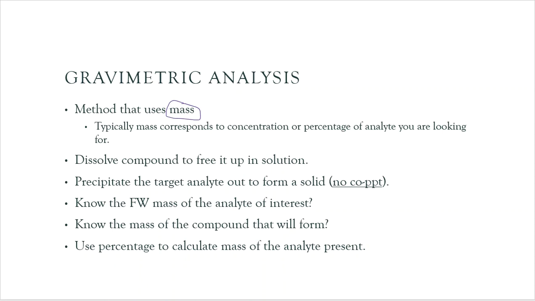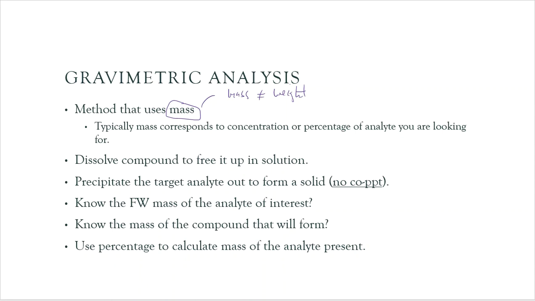Alright, so we've already talked about this, and I also just want to tie a little plug in here that mass is not the same thing as weight. I just want to reconfirm this notion that mass and weight are different, but we often use these terms interchangeably. That's just the way that we do it.